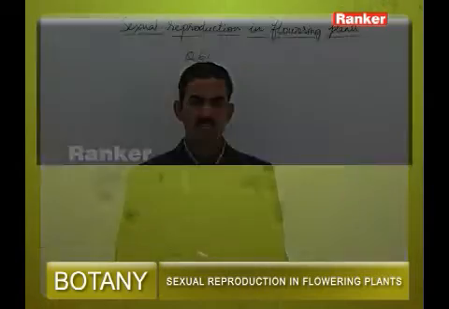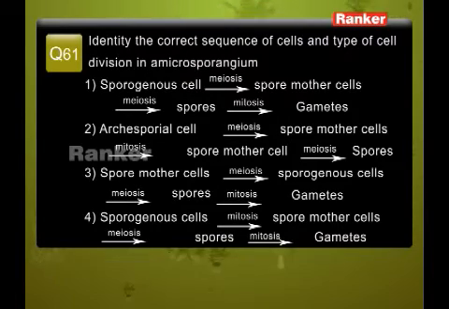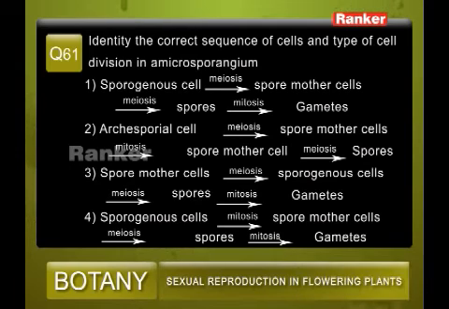Question number 61, identify the correct sequence of cells and the type of cell division in a microsporangium. First one, sporogenous cell, meiosis, spore mother cells, meiosis, spores, mitosis, gametes. Second option, archisporial cell, meiosis, spore mother cells, mitosis, spore mother cell, mitosis, spores.